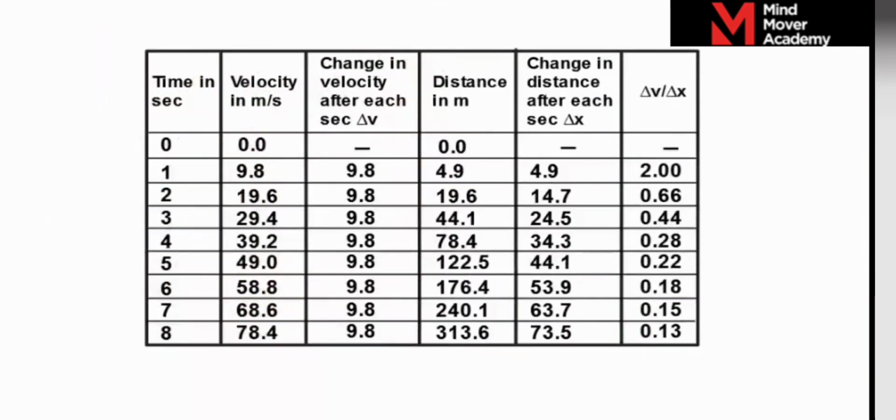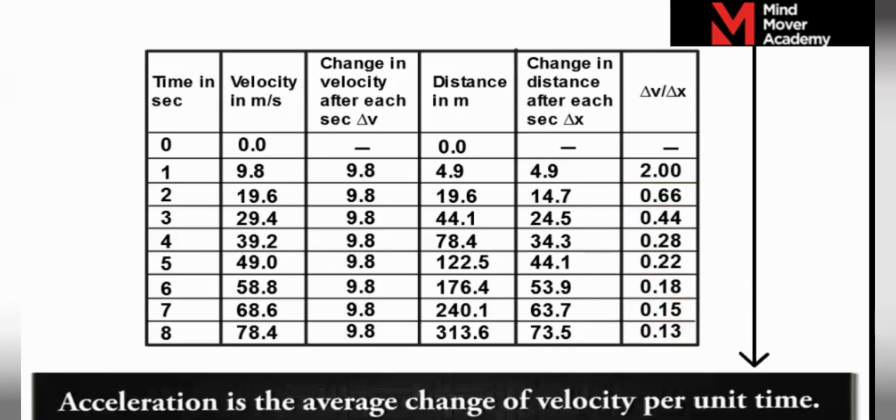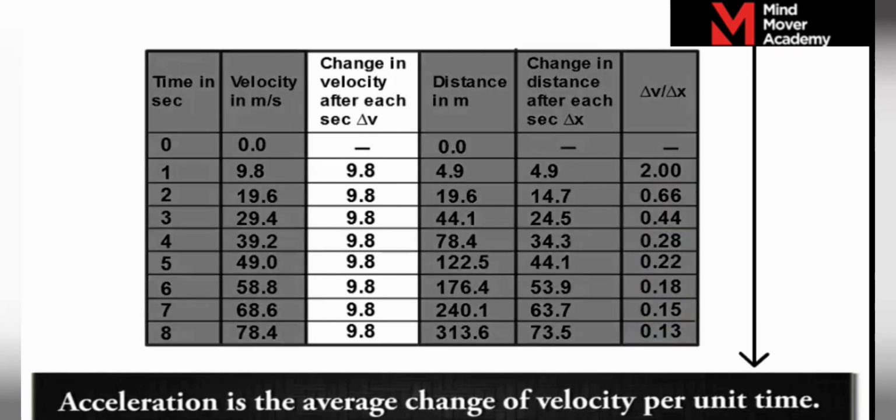We find that the change in velocity with distance is not constant. It decreases with the increasing distance of fall. This leads us to the concept of acceleration as the rate of change of velocity with time.